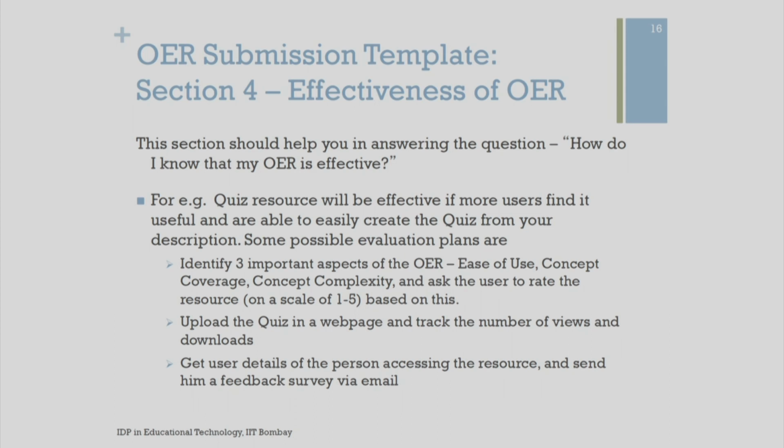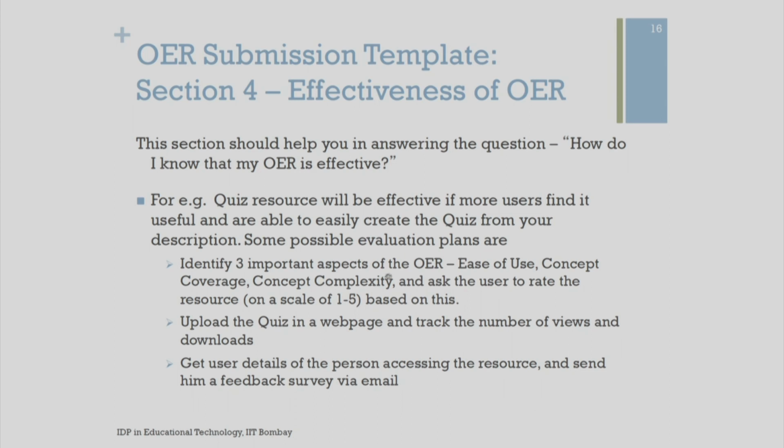I have created a Moodle quiz. How do I know that this quiz is effective? The quiz is effective if more users find it useful and are able to create the quiz from my description. I created a Moodle quiz and provided screenshots and activities along with that particular resource.